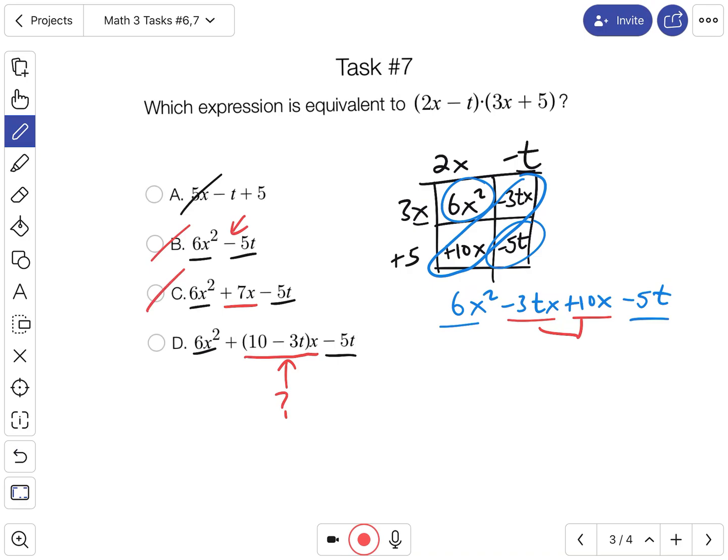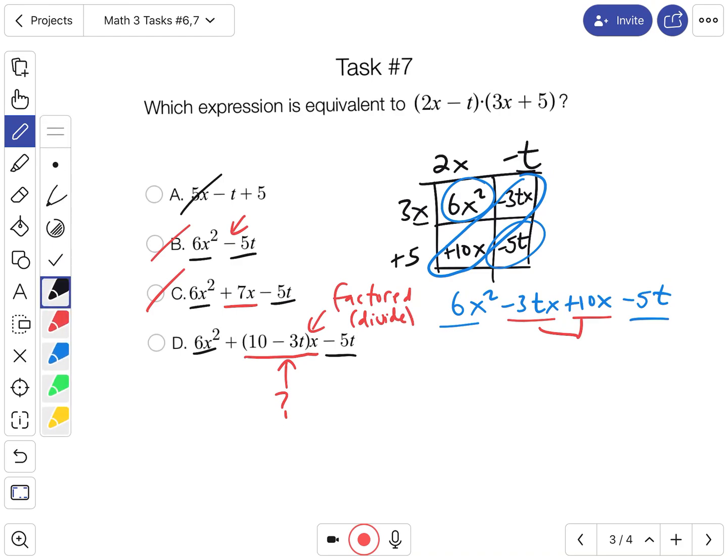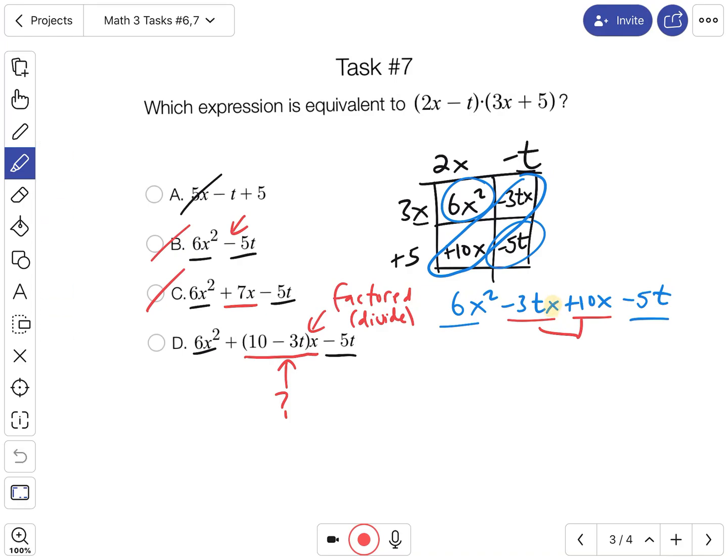But one thing you can do, which is what's happening here, is it's basically written as factored. This is a factored form here. And factoring really means, what can you take out of both terms that they have in common? Well, they both have x, so I'm going to highlight the x. So if we take out the x here, we could basically just rewrite both of these terms without the x.